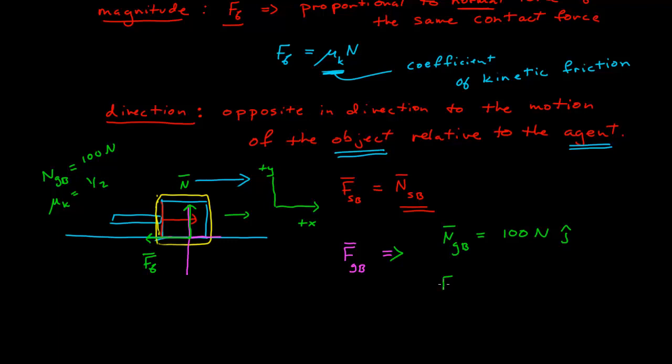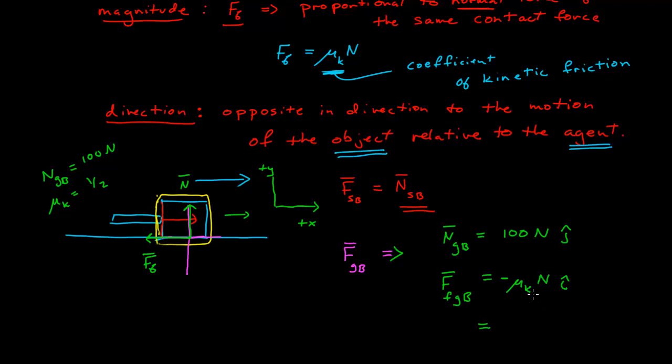The frictional force of friction of G on B, the ground on the block, is equal then to the coefficient of friction times the normal force, and from my coordinate system it is in the negative x direction.